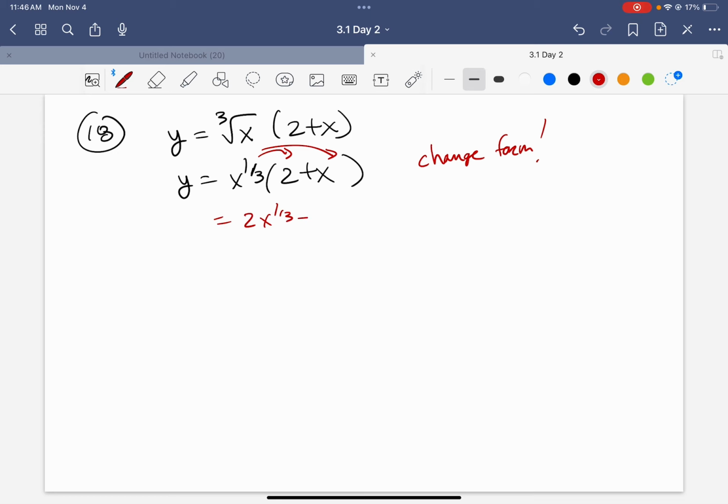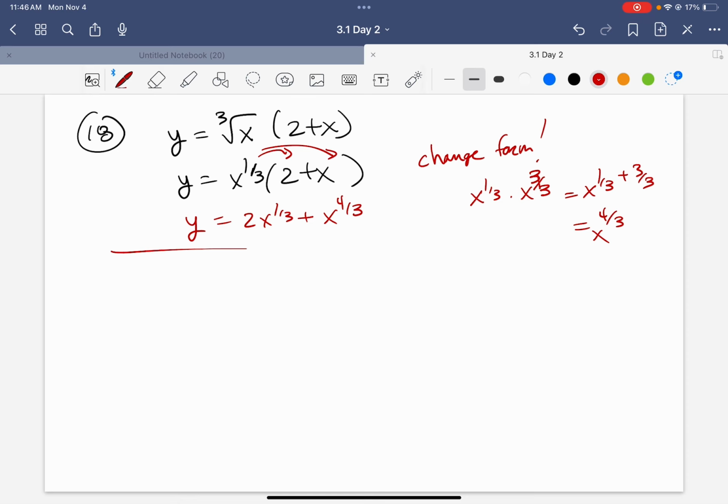So I get 2x to the 1/3 plus x to the 4/3. Right? Because x to the 1/3 times x to the 1 is the same as x to the 4/3, and you add the exponents when you have like bases and you're multiplying.